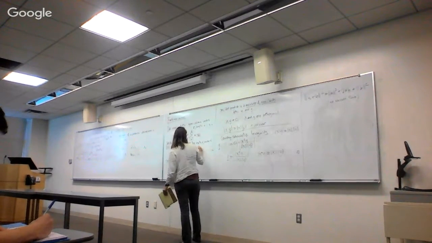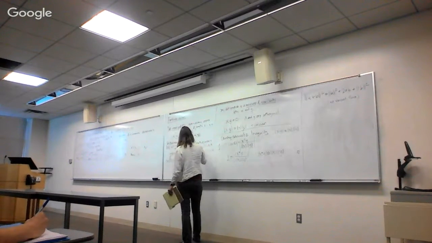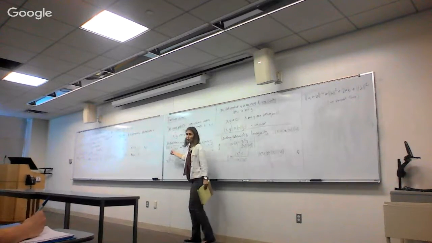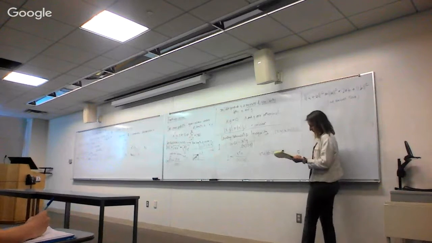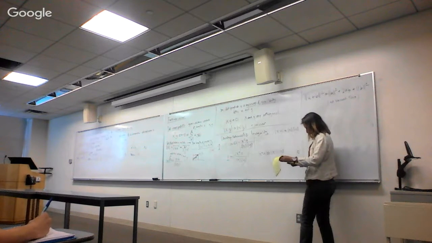We often use the Euclidean norm squared because that's just the dot product, right? The Euclidean norm takes the square root of it.